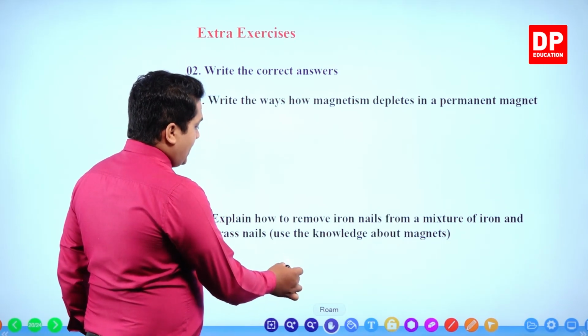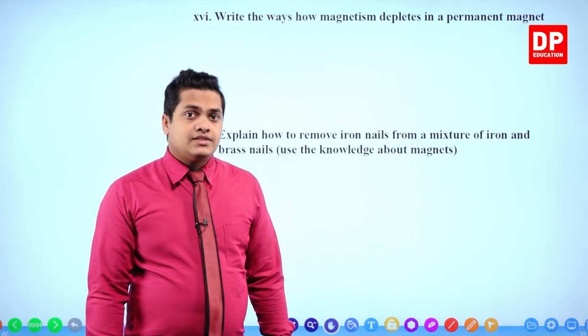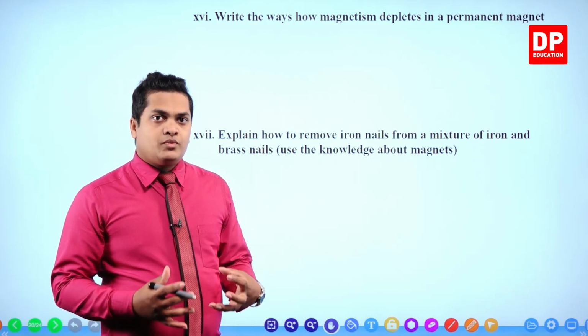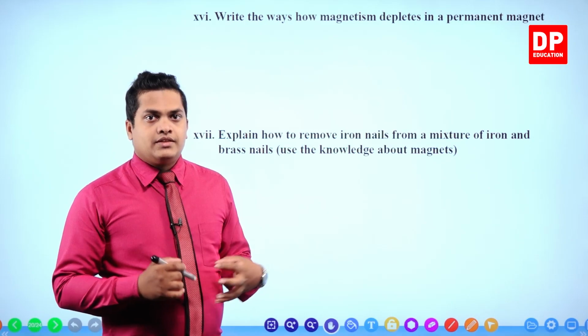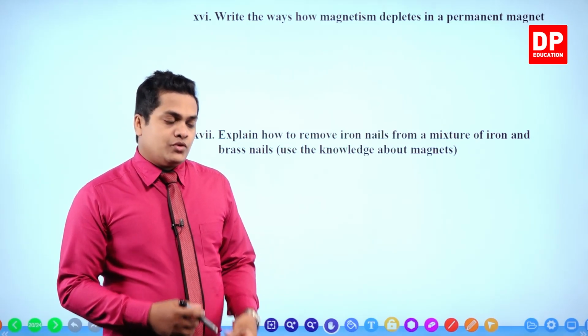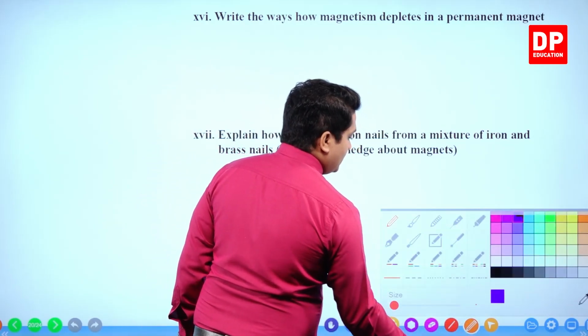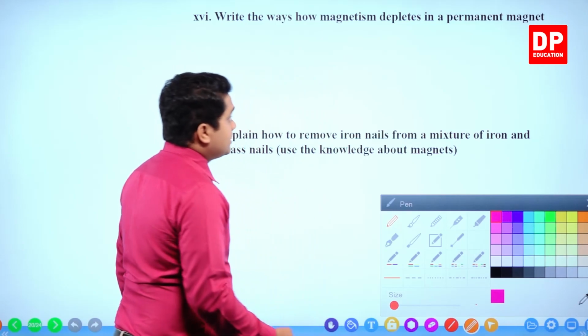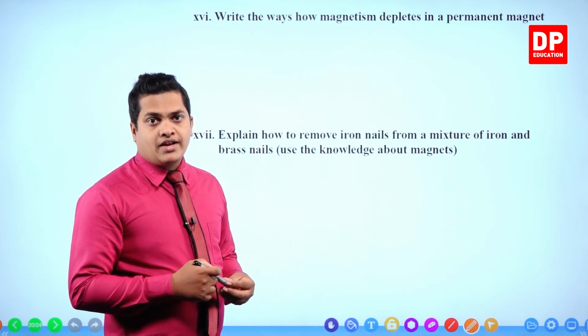We have conducted several activities in the lab to identify the ways in which the magnetism is going to deplete, and we discussed those activities as well. So already you know the ways in which the magnetism is going to deplete in a certain permanent magnet.